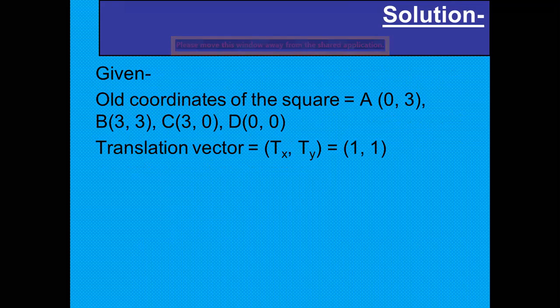So concentrate please. Given the old coordinates of the square, the coordinates are already mentioned in the problem: (0, 3), (3, 3), (3, 0), and (0, 0). Now the translation vector, you can write here again, (tx, ty) is equal to (1, 1). This is already given in your problem.